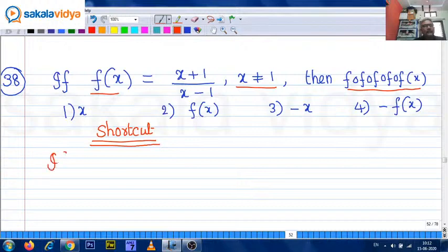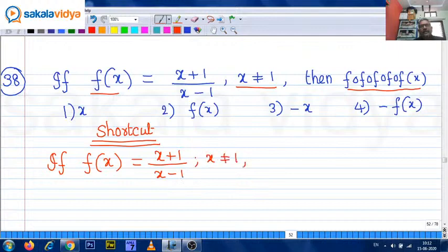If f of x equals x plus 1 by x minus 1, x does not equal 1, then first point: f circle f circle f circle f circle, and so on, circle of x.